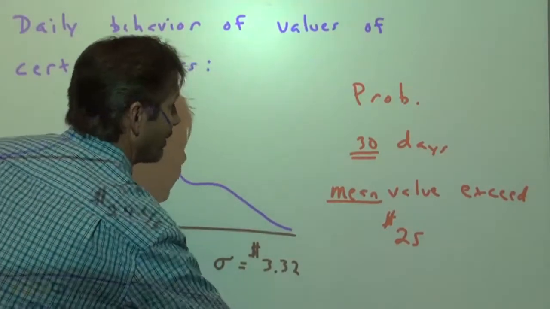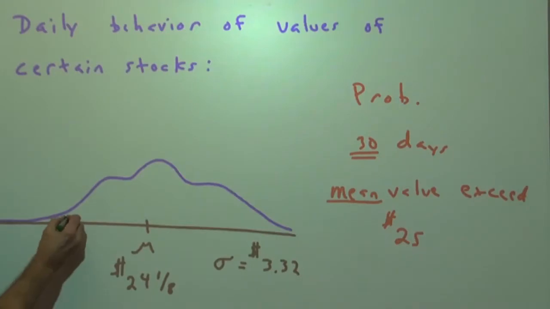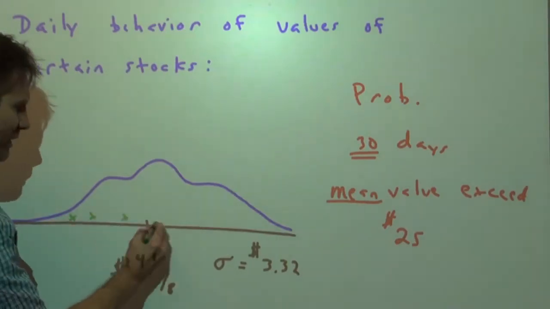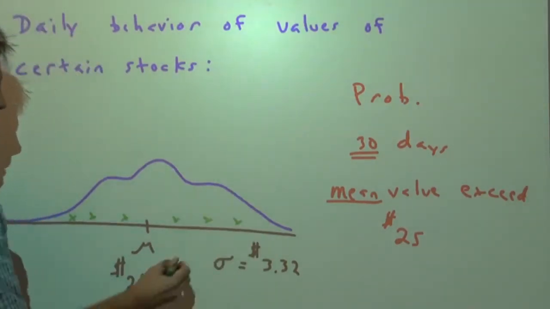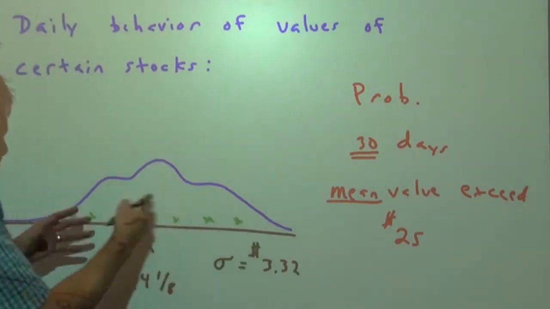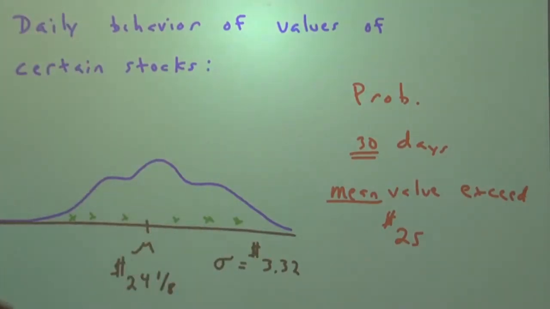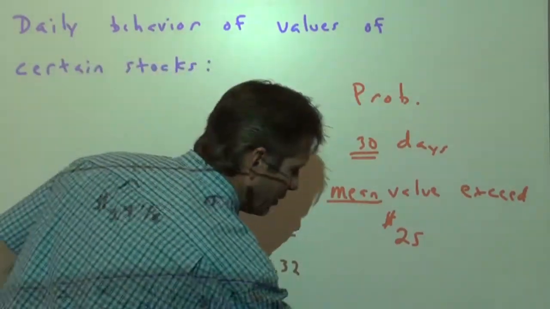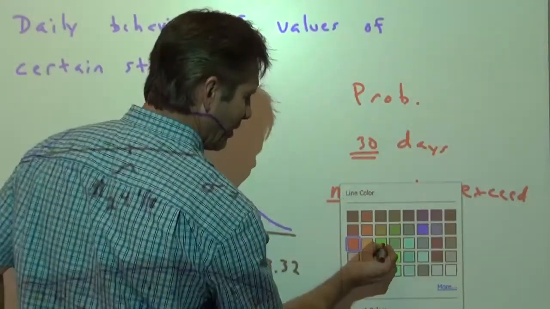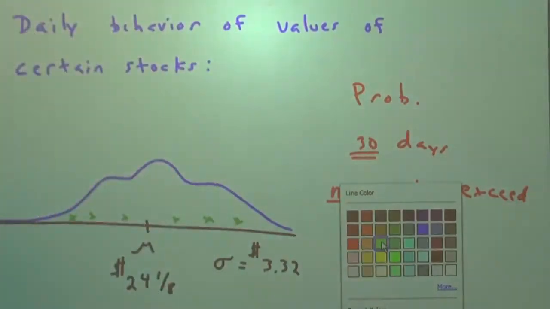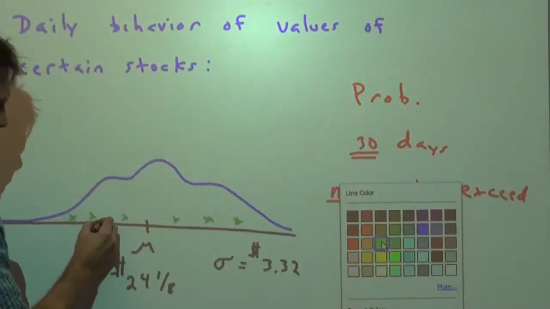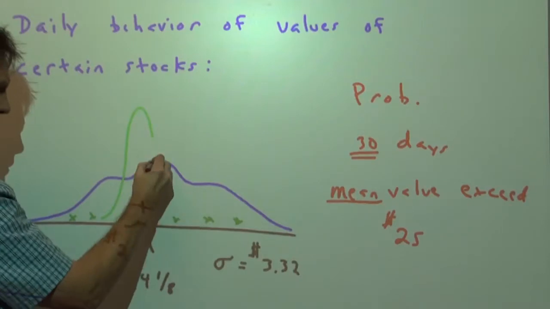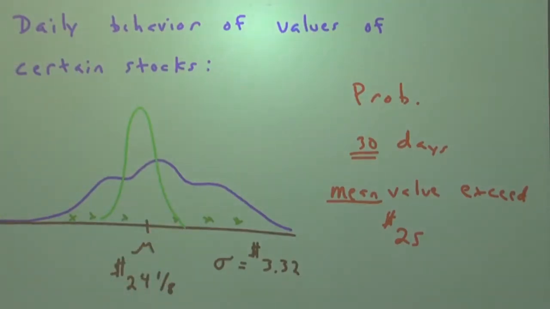Well, what we have to understand is, even though these are the values of the stock 1 day at a time, if you randomly select 30 of them, and they could come from just about anywhere, and you added them up and divided by 30, then you would tend to get a distribution of those means that would be normally distributed.